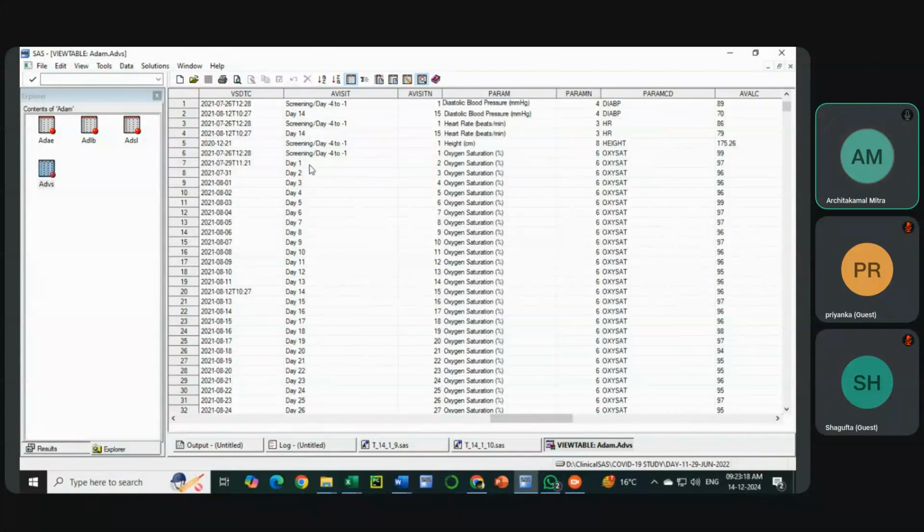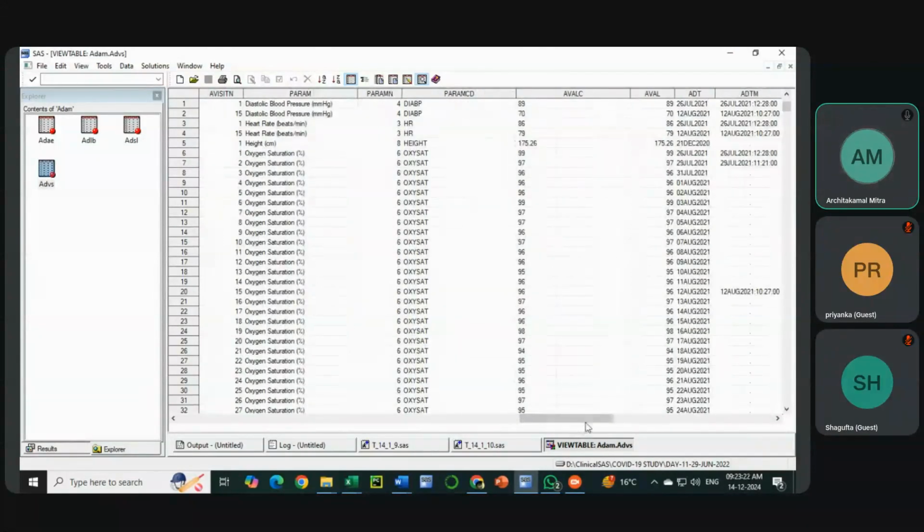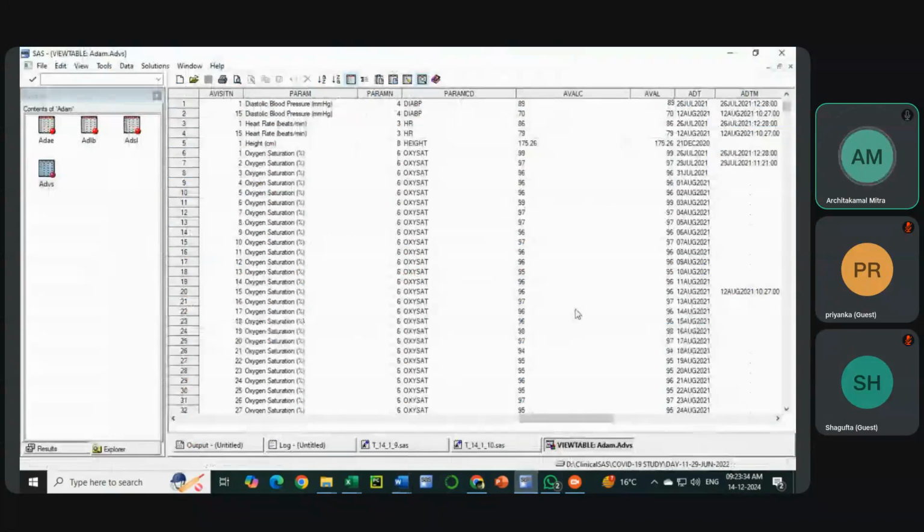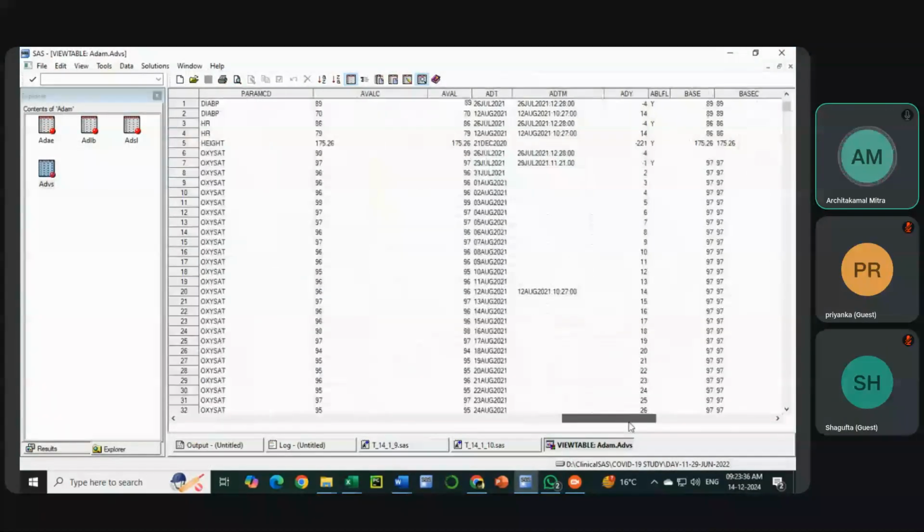You can see day 1, day 2, day 3, day 4, all these things. And this is the analysis value, which is what they have asked us to take. And the change from baseline is there as well. Go to the right, CHG. Do we have CHG?